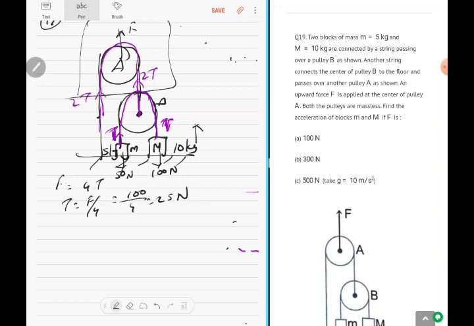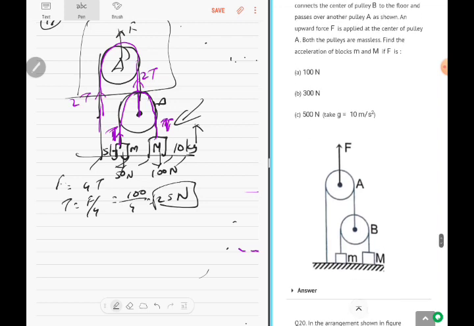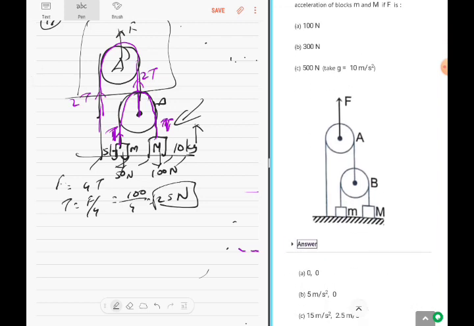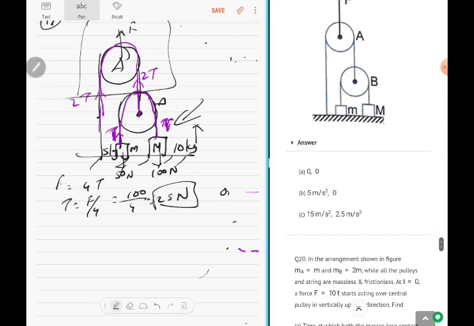And can you see that this tension T is 25 Newton, which is not sufficient to carry it up. Therefore, the blocks will remain on the floor and will remain stationary. So that is the answer: 0, 0. Both the blocks will not move.